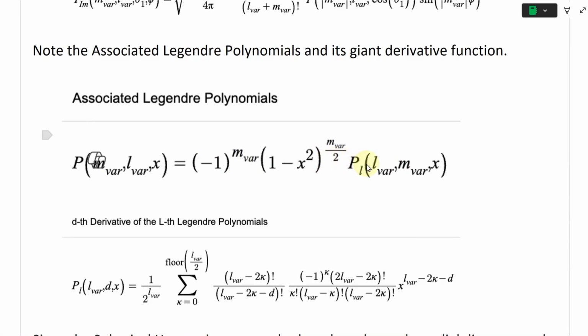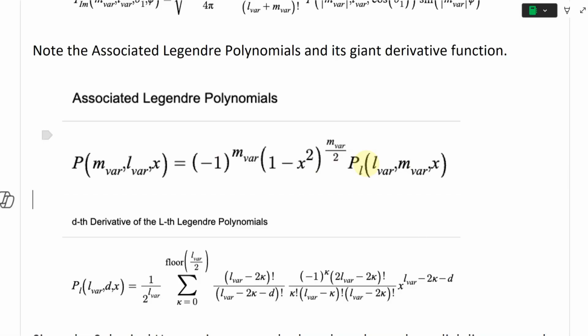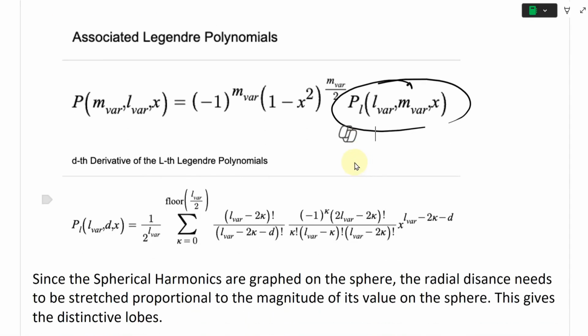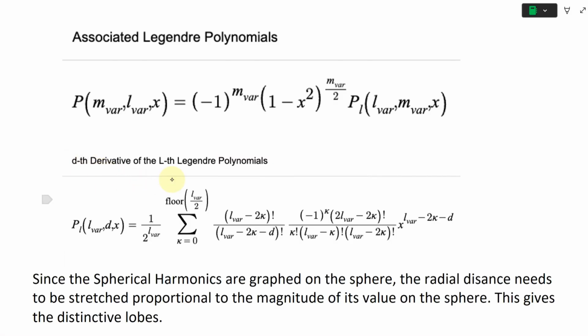Then they made it a function of the ordinary Legendre polynomials, and from here they take the derivative. They put it in here. Remember that giant derivative there; they just basically take the derivative of the nth Legendre polynomial.